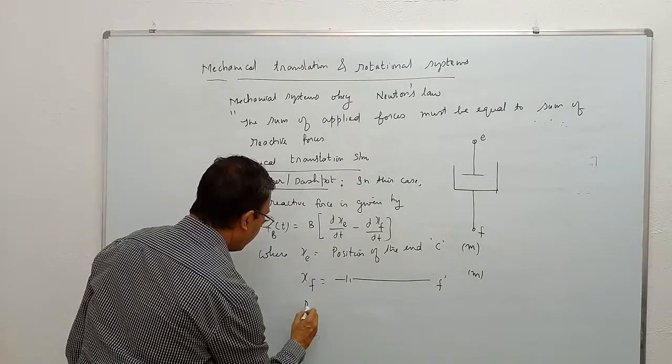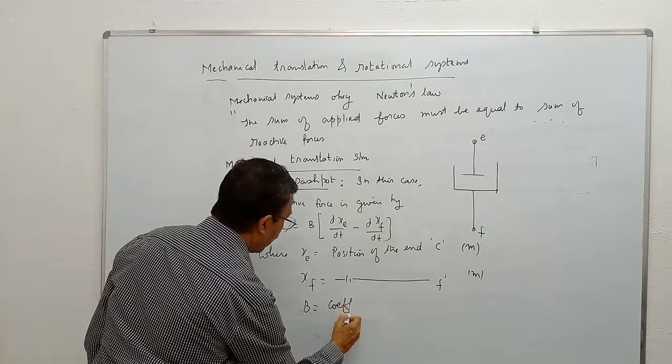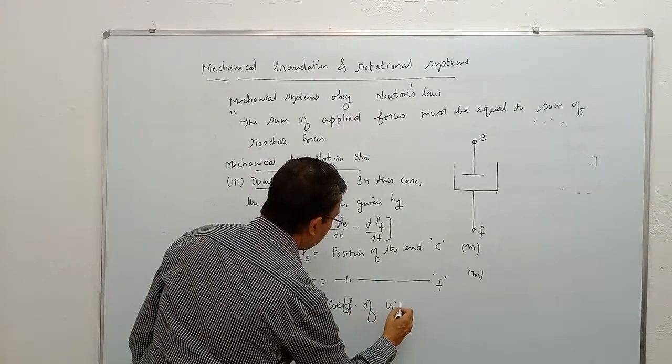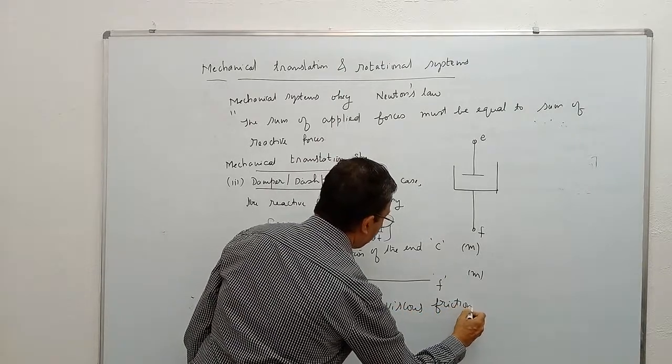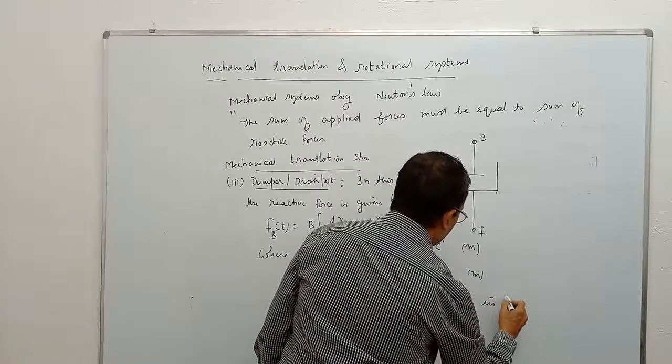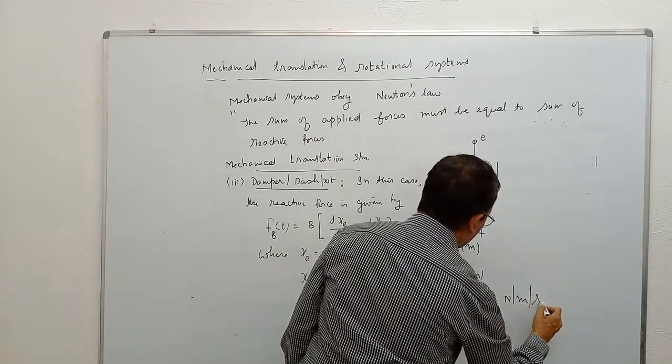B is equal to coefficient of viscous friction, in newtons per meter per second.